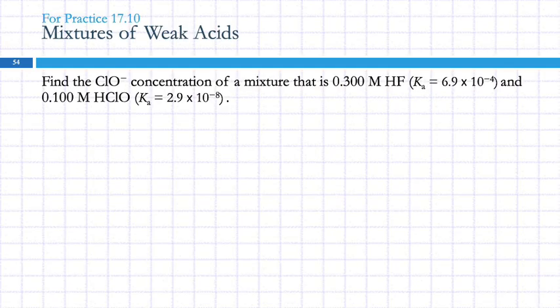Okay, so let's look at this one. We have two weak acids. We've got one with a Ka of 10 to the minus 4, and the other with a Ka of 10 to the minus 8. Which is the stronger acid? Which Ka is larger?